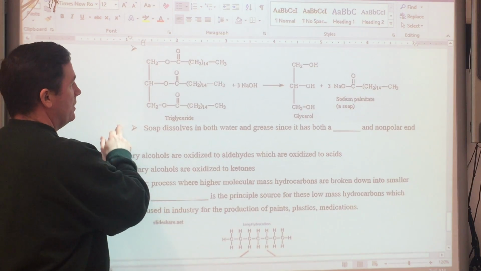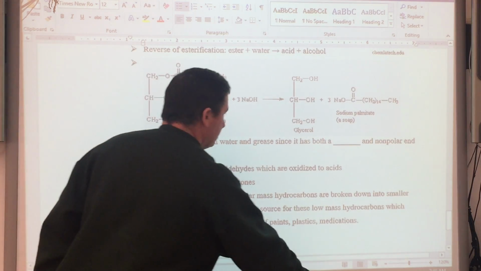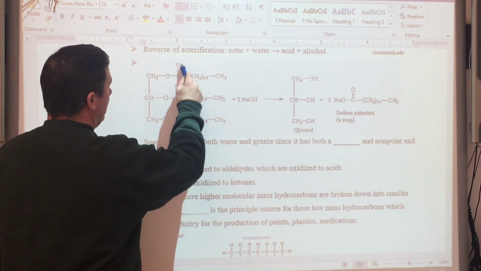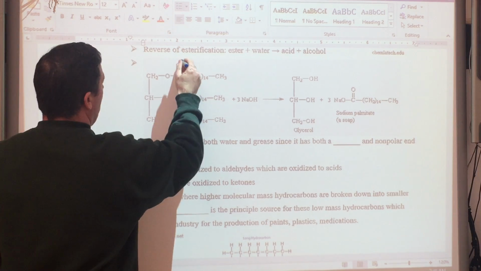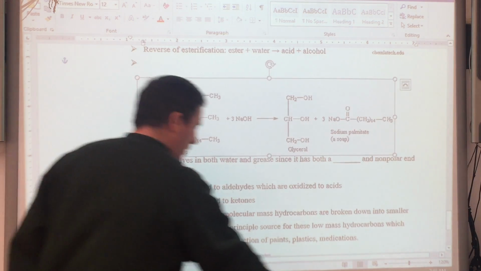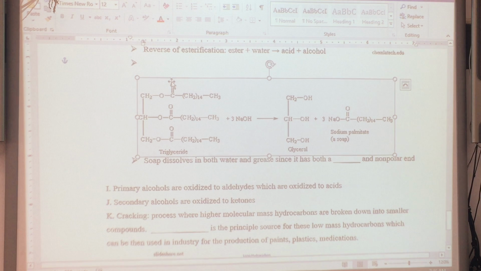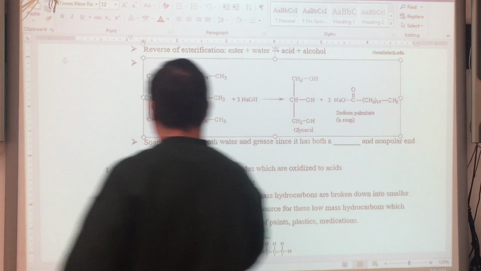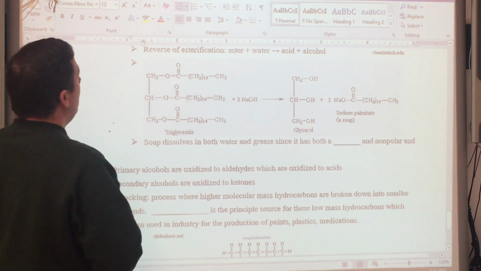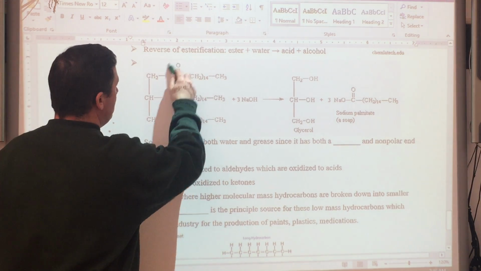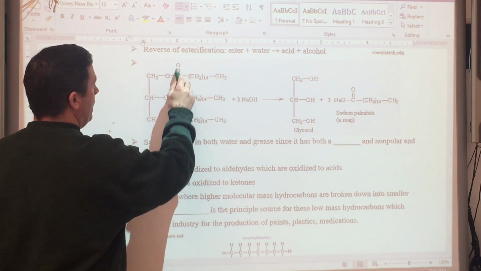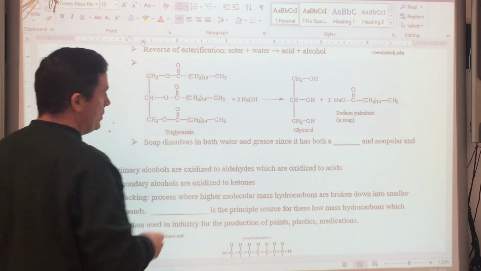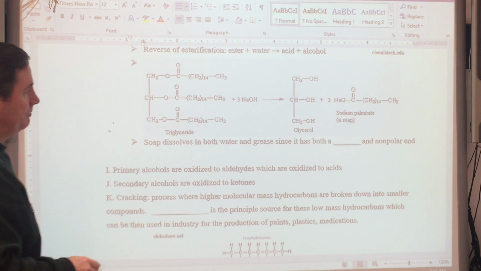All right? So let's look. Can you recognize this as an ester, C double bonded O? Now, this is called a triglyceride, which is actually a type of fat.